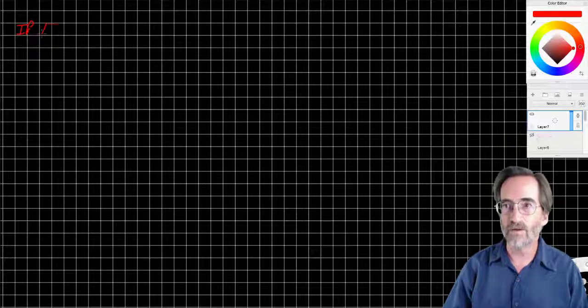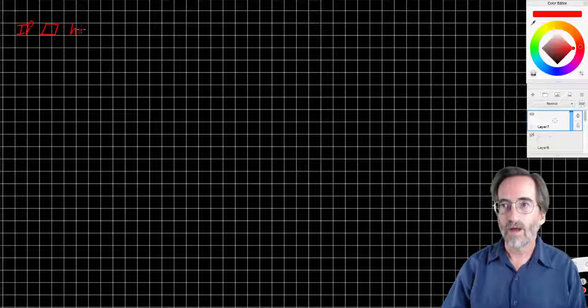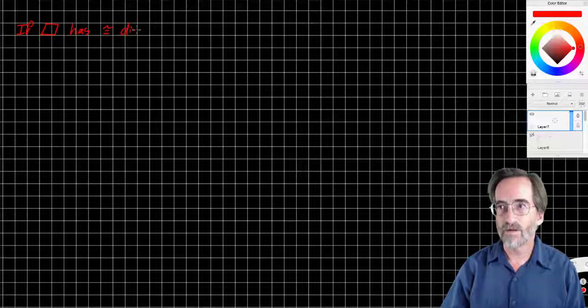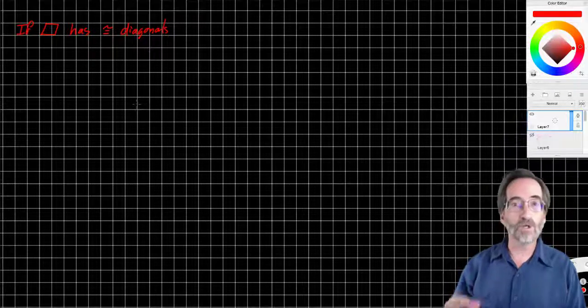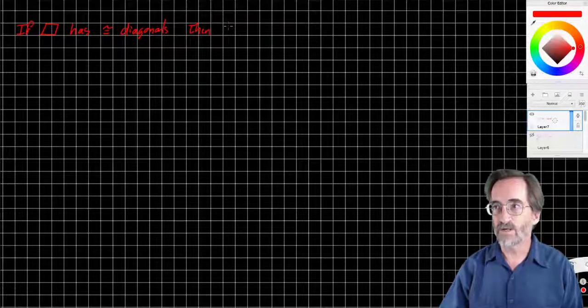If a parallelogram has congruent diagonals, then the parallelogram is a rectangle.